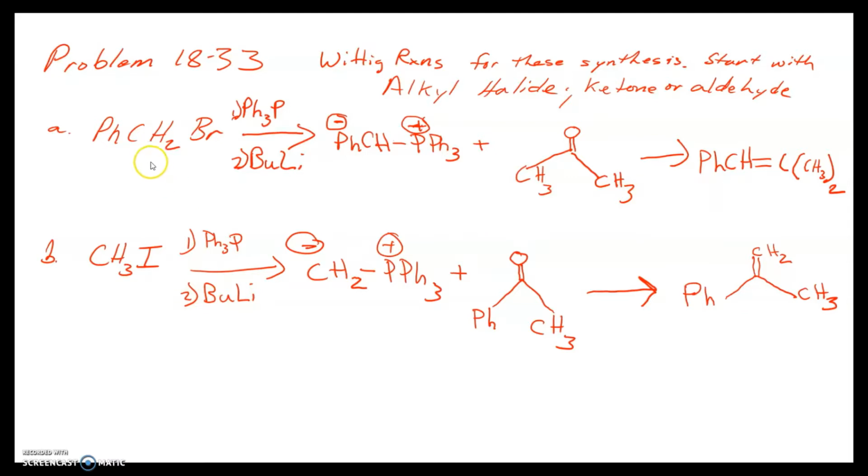So the first part of the reaction is to treat your alkyl halide, and it's preferred to be a primary alkyl halide, with the triphenylphosphine, and then you add your butyllithium. So this is the order that you add them. You get the ylide in here. We don't really have to show the formation of the ylide. Then you add your aldehyde or ketone to get the alkene.